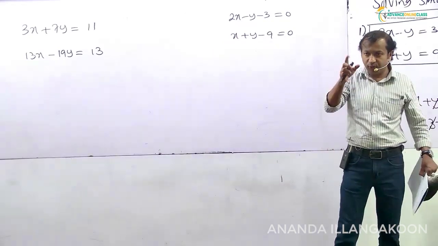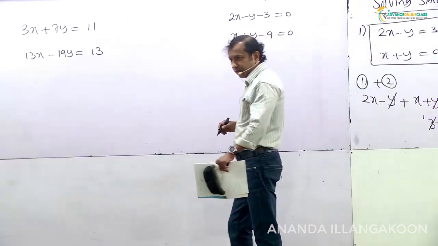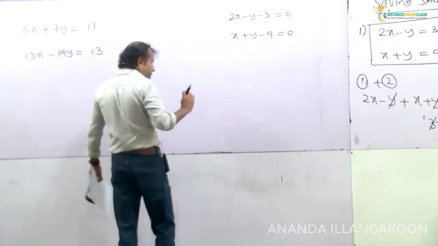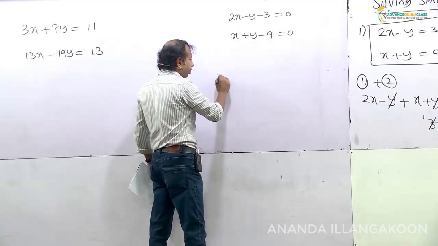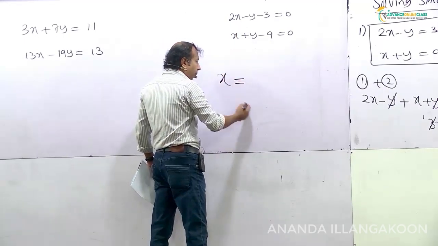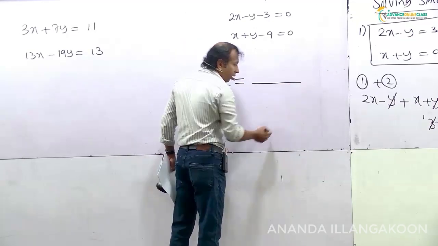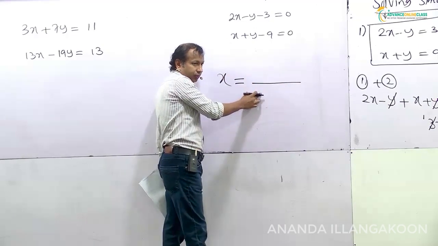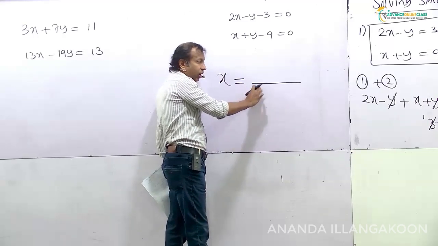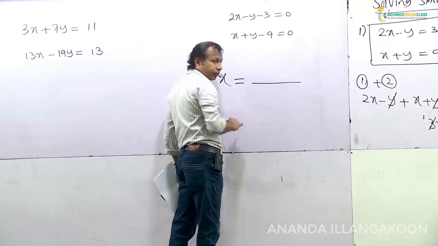Right. Now I'll explain the way of finding x. Very carefully listen to me. At first occasion, try to understand the method. I'm going to find this x. X equals, right hand side for this x has numerator and denominator. Now I am going to explain how to write the numerator.